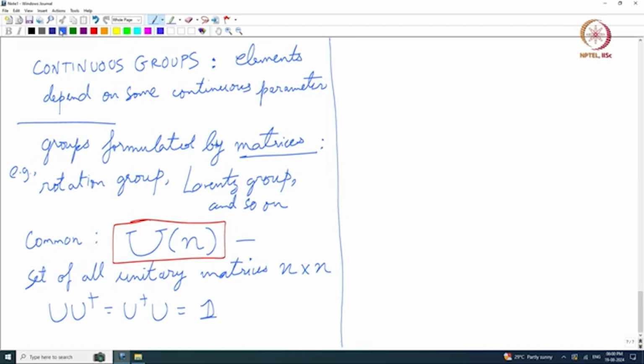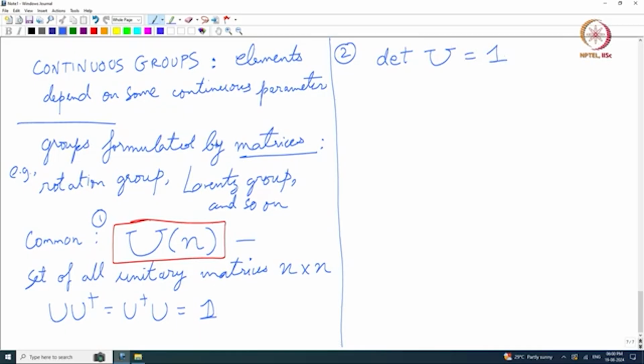Now, there is a sub case of this. Let me start numbering these. Let us call this 1. A second group would be if the determinant of these unitary matrices forming the elements of the group is 1.